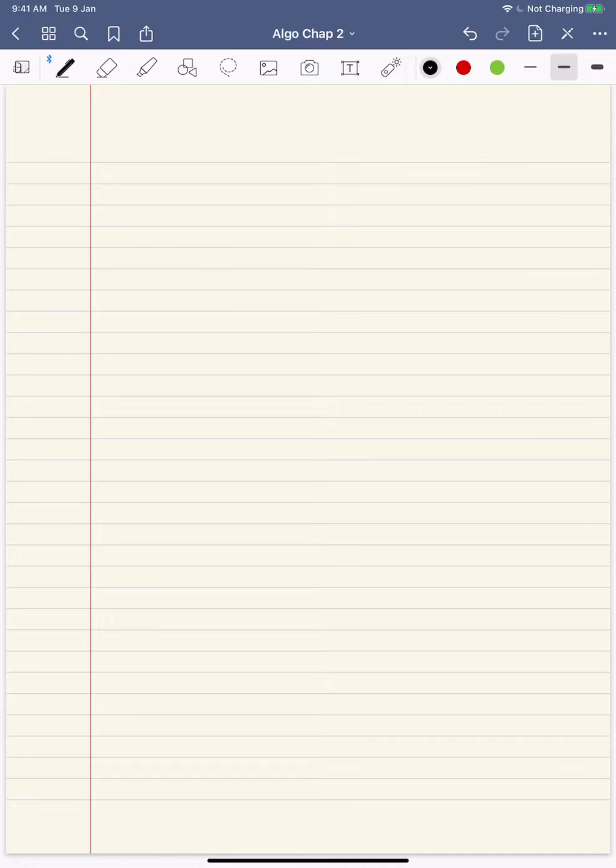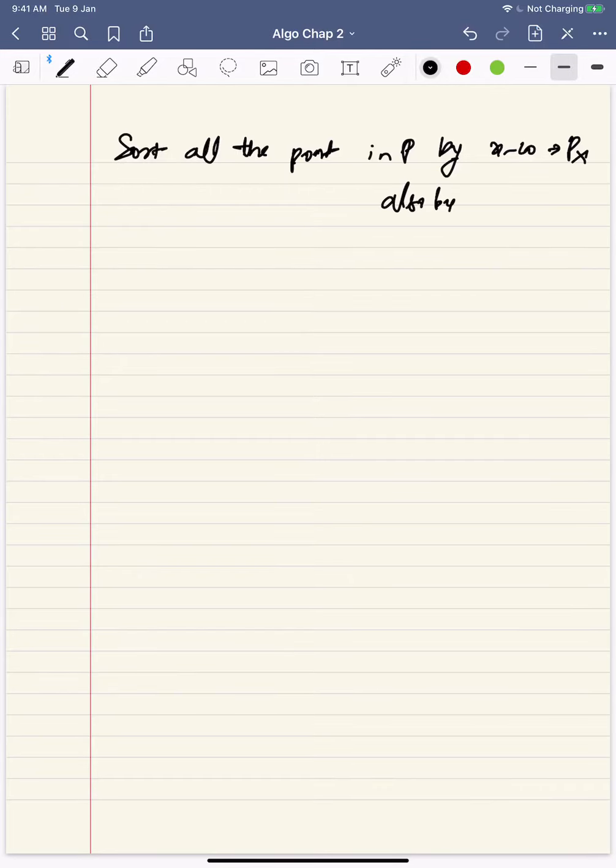We sort all the points in P by x coordinates, and call the result Px. We also sort them by y coordinates, and call that Py. So we have two sorted lists of the same points, one per x coordinates and one per y coordinates.